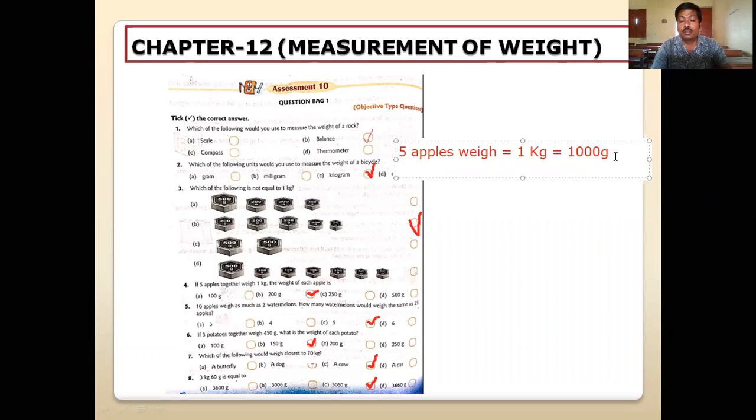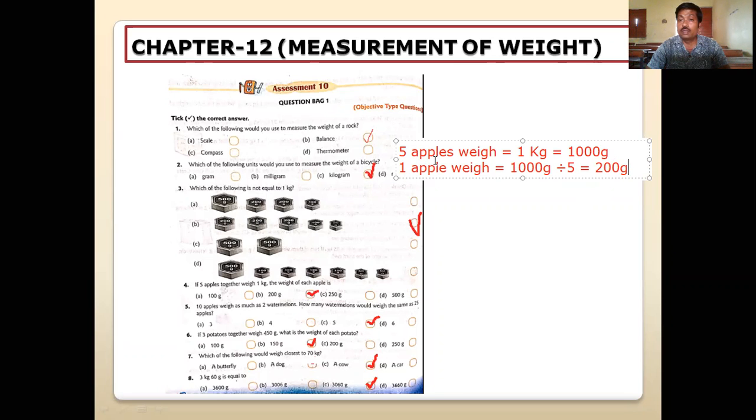And what is the weight of 1 apple? It is 1000 gram divided by which number? Yes, 5. We get 200 gram. That means our answer will be B, 200 gram.